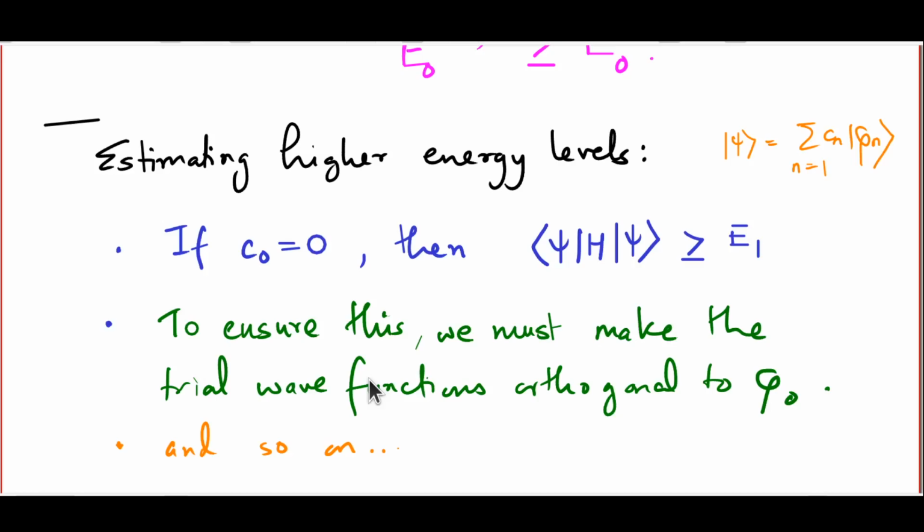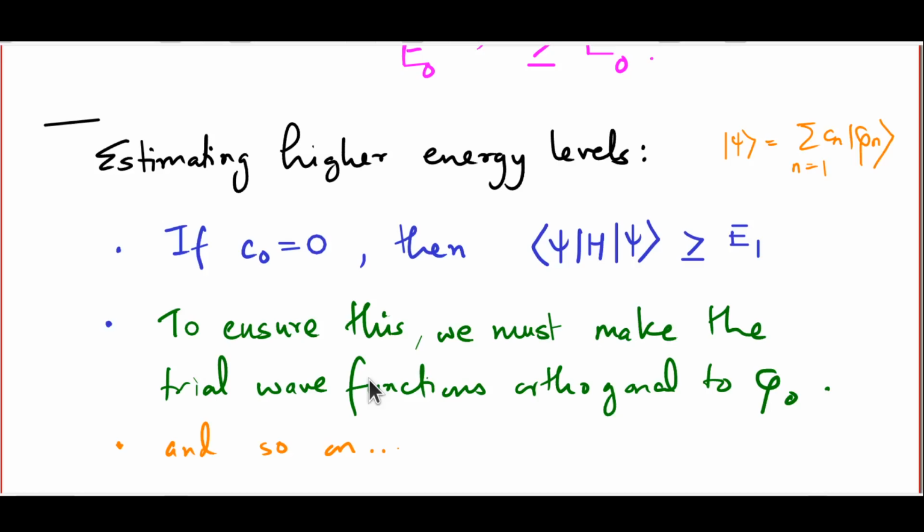So if you choose your trial set of wave functions to constitute odd wave functions only, then by default they are all going to be orthogonal to the ground state wave function, simply because of the very simple mathematical result from class 11 or 12 that the integral between symmetric limits of an odd function always vanishes.